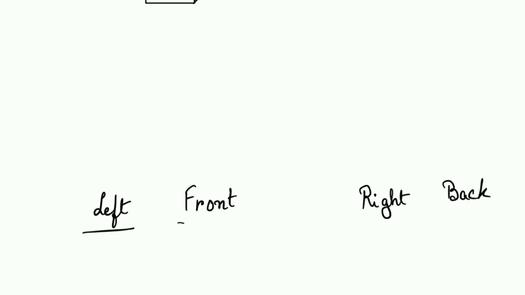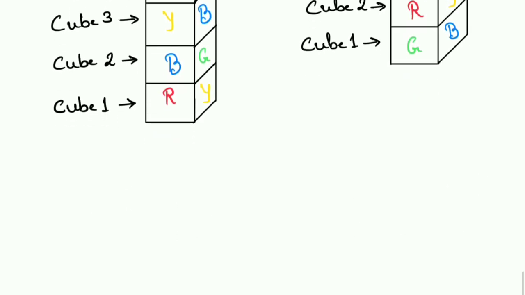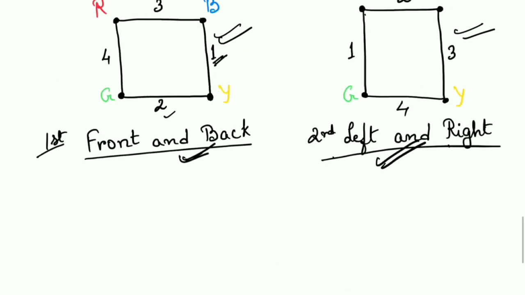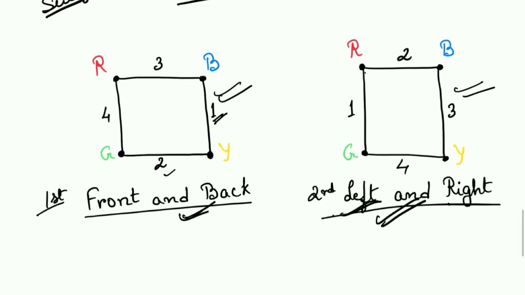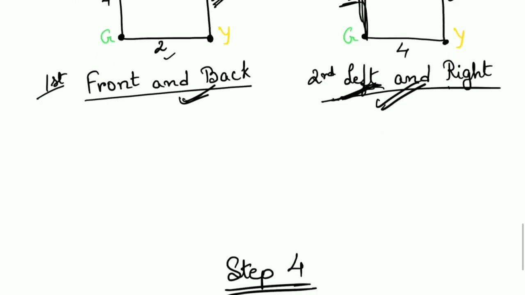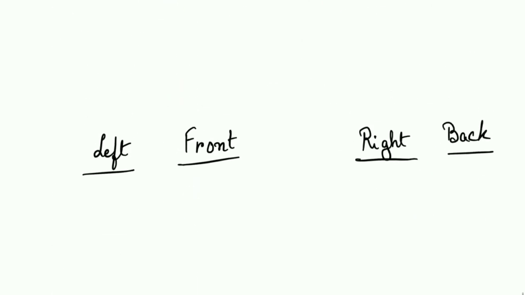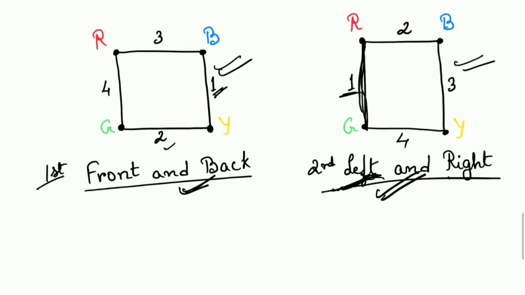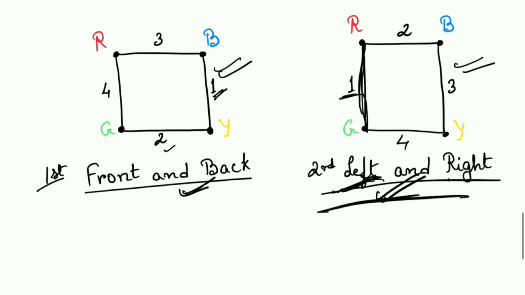So before going to the outcome, let us see how we have got that color arrangement. Okay, front, back, left, right. Here you see for left and right, let us consider first left and right. So from the first cube we have red and green color, that edge is joined.